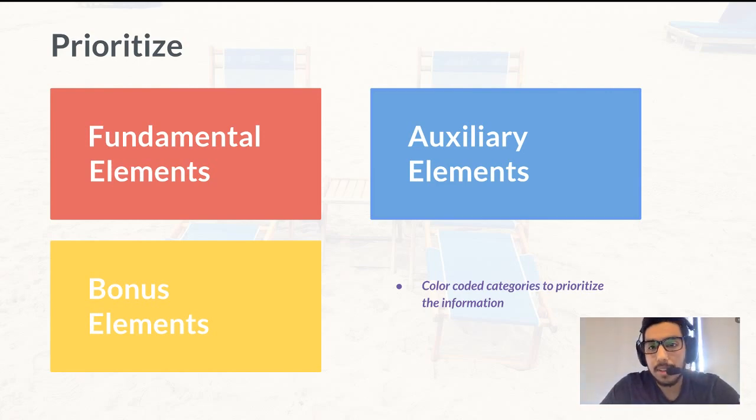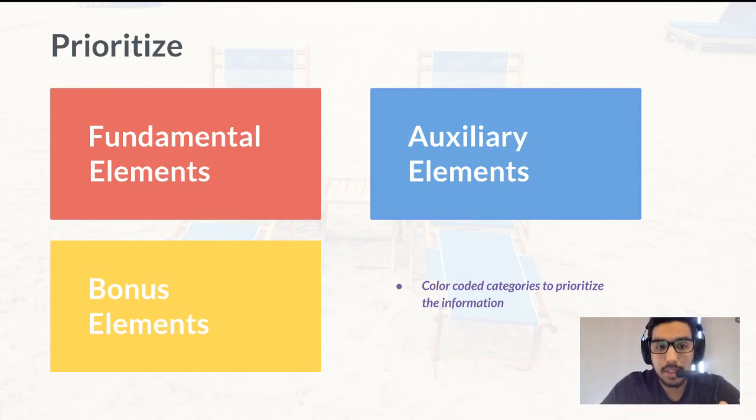An example of this is the booking call to action. The booking call to action is very fundamental because if we don't have it, we won't make any purchases. So based on this example, we need to think of those elements that are fundamental.